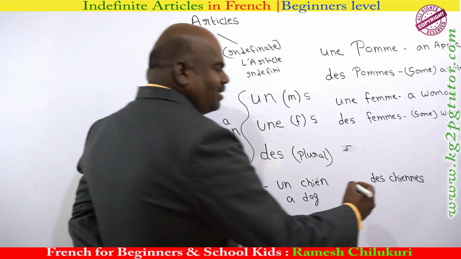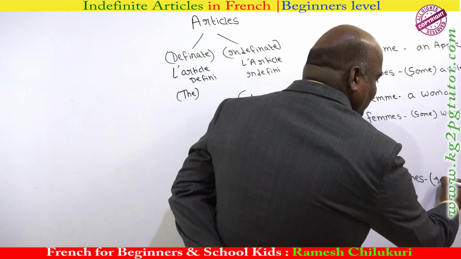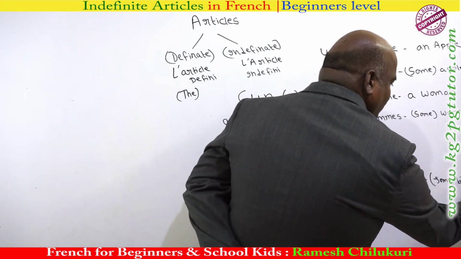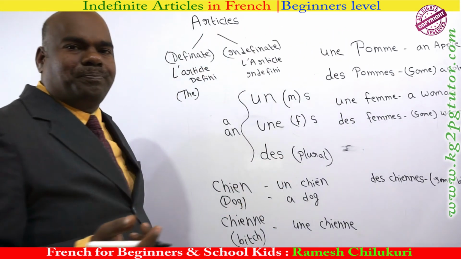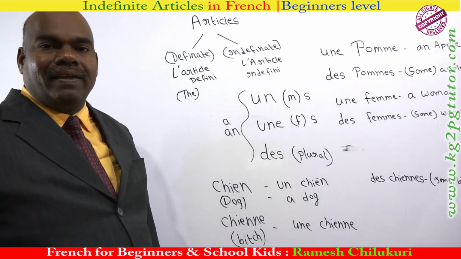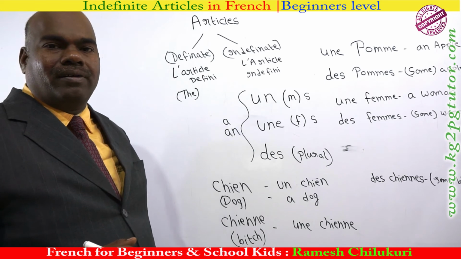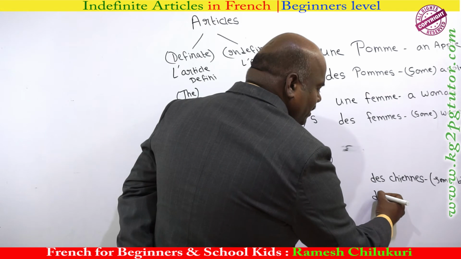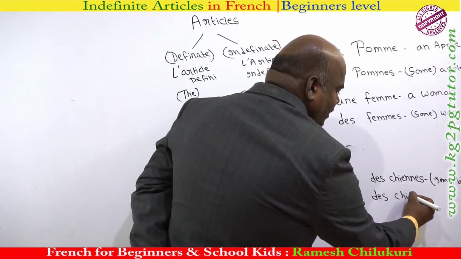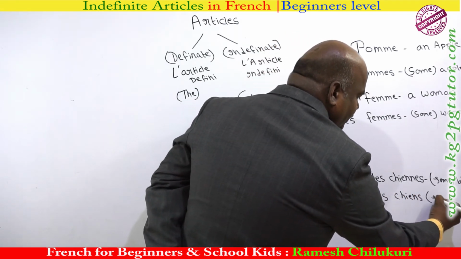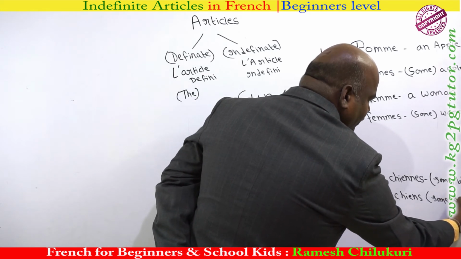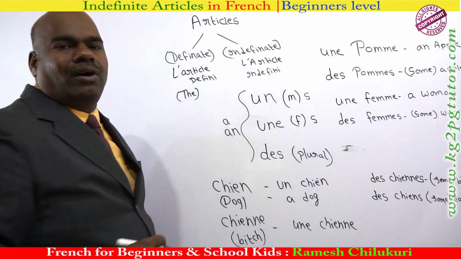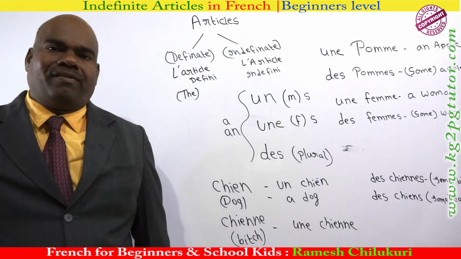So we call it some bitches. Similarly, when you talk of the male dogs, you want to say some dogs, you will say des chiens, some dogs. This is how you are going to write in French.